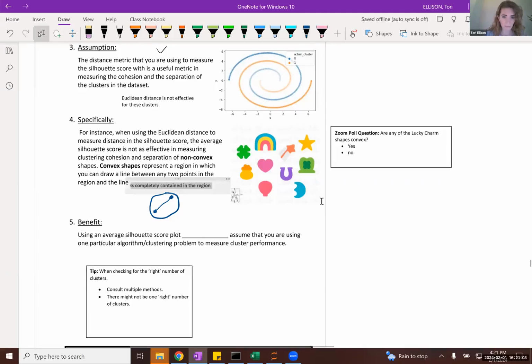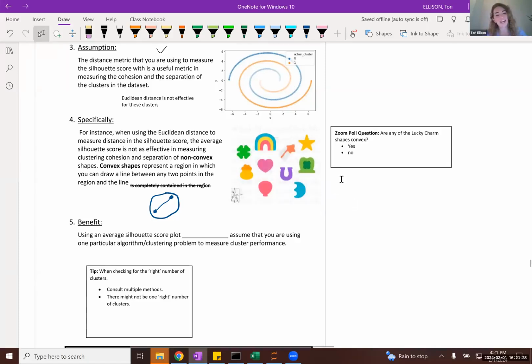So for instance, just out of curiosity, do people know what these are? I don't know if Lucky Charms is a popular cereal in all places, but in the US and many other places, we have a very highly sugary processed cereal called Lucky Charms. And you have these little marshmallows that take on these shapes here.